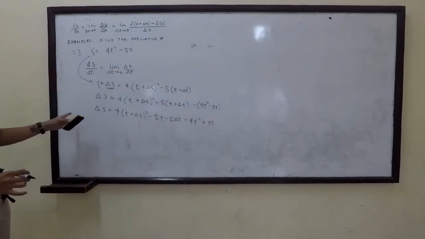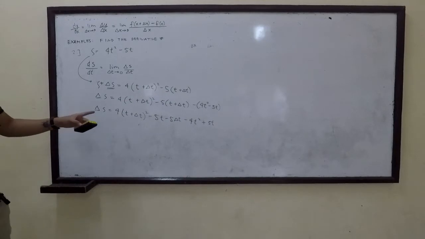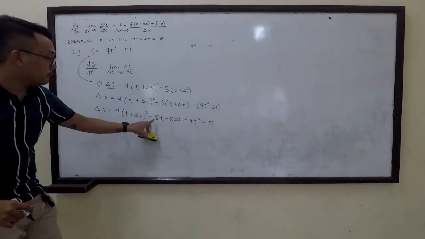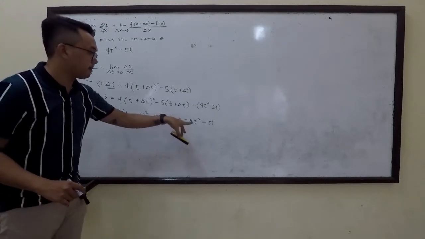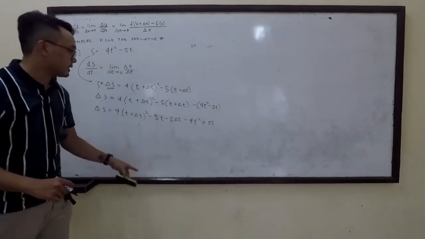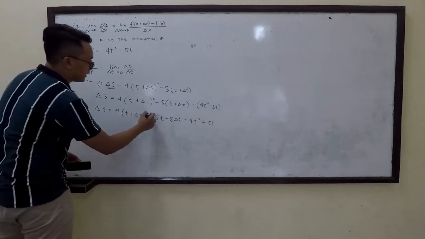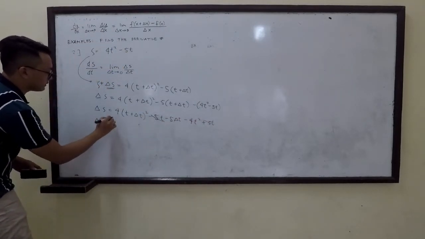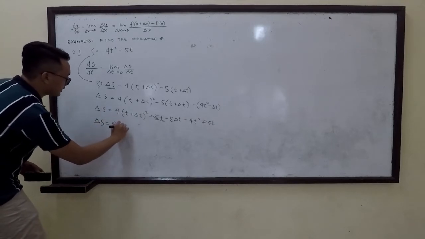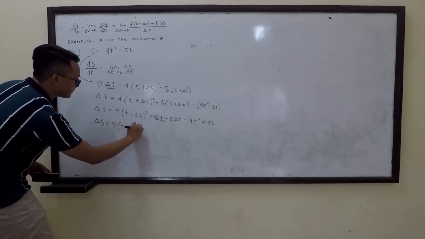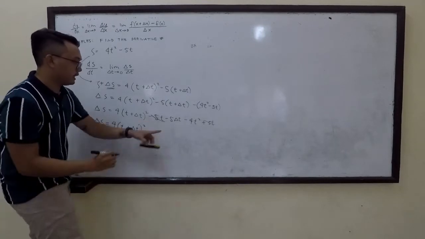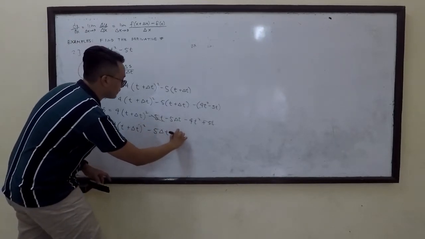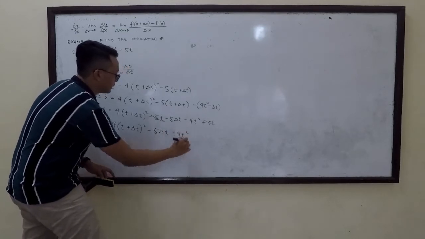Then check for the same terms. Negative 5t plus 5t is just 0, so they cancel. So our delta s is now 4 times t plus delta t squared minus 5 delta t minus 4t squared.